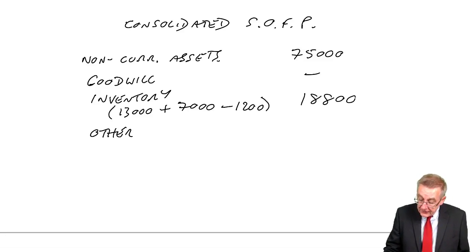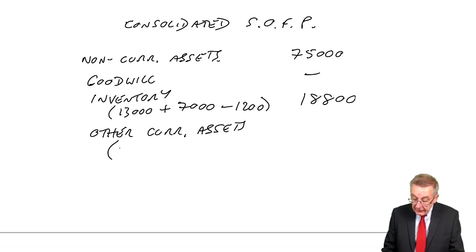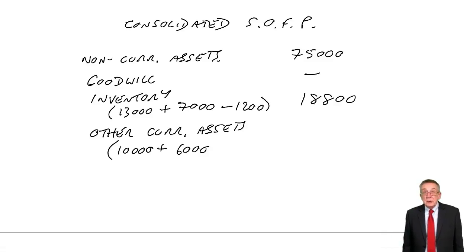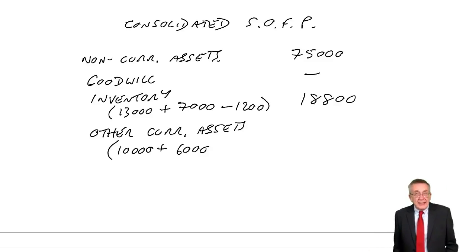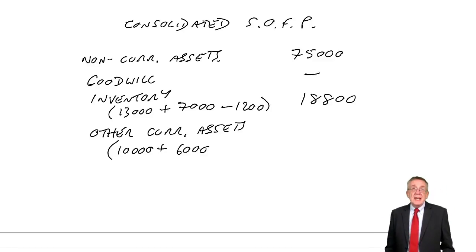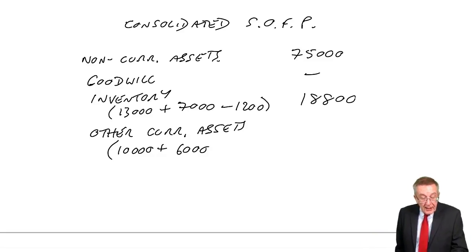Other current assets. P 10,000. S 6,000. However, these include receivables. And so, nothing to do with the inventory. Do receivables include anything owed from one to the other? Well, yes, they do.